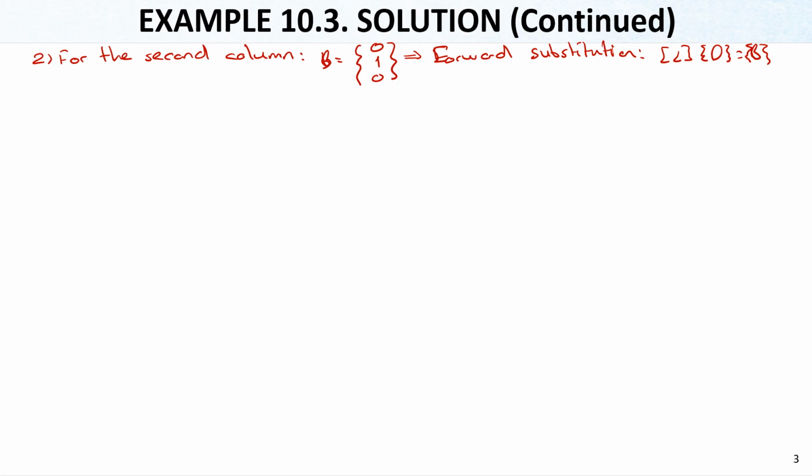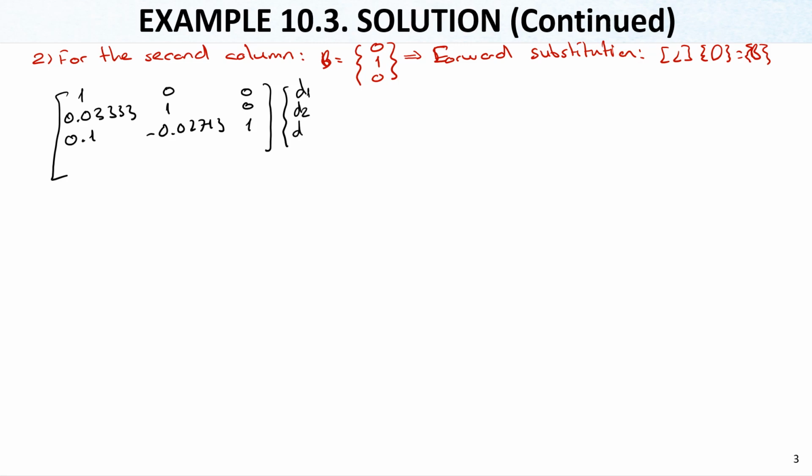So if we write again the L matrix: 1, 0.03333, 0.1, 0, 1, minus 0.02713, 0, 0, 1. And D1, D2, D3 are unknown. And the B matrix is 0, 1, 0.